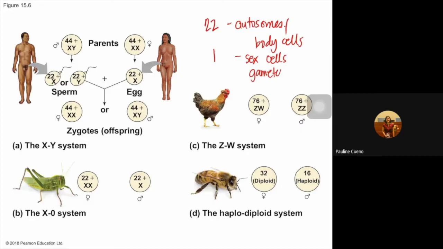It doesn't really mean that if you are diploid, you are bigger. But when the chromosomes come in two sets, it's possible that they code for larger size or an increase in size. So if we compare the queen bee to the worker bee, the worker bees are smaller, or the male bees are smaller compared to the female bees. Okay, so that is the haplodiploid system in hymenopterans or bees.